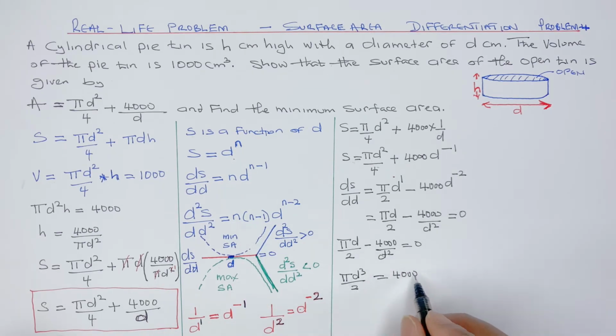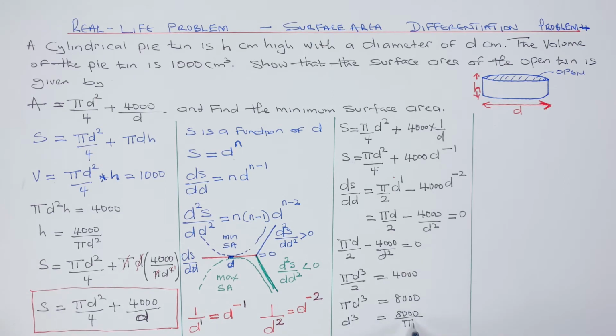Multiply both sides by 2 to get rid of the 2 here. You get pi D cubed equals 8,000. Therefore, D cubed equals 8,000 over pi.